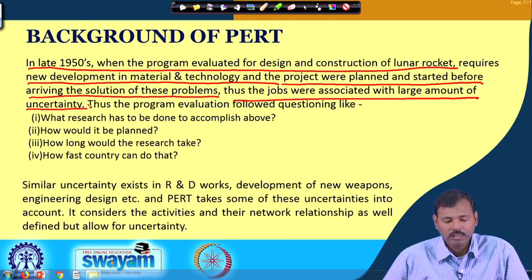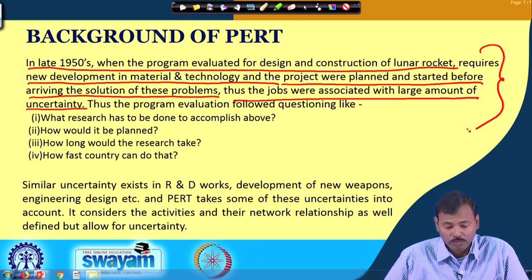That means, in that ballistic missile, different materials and technologies were used. The detailed know-how of that was not known, and n number of researches were associated with those developments. That is why it was totally uncertain. In fact, no one knew whether the research would finally come to its result or not.